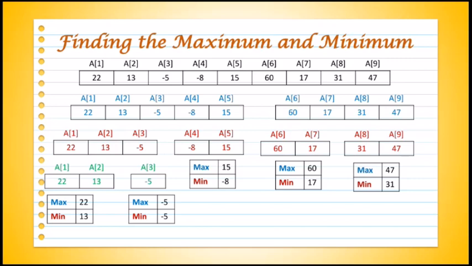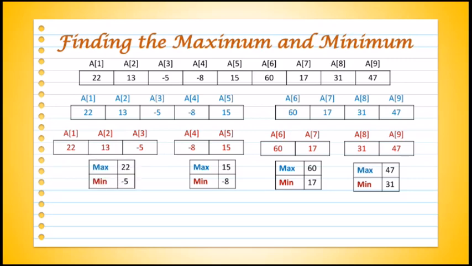Between 22 and -5, 22 is the maximum value, and for the minimum, from 13 and -5, -5 is the minimum value. Now we will combine these two solutions into a single solution.